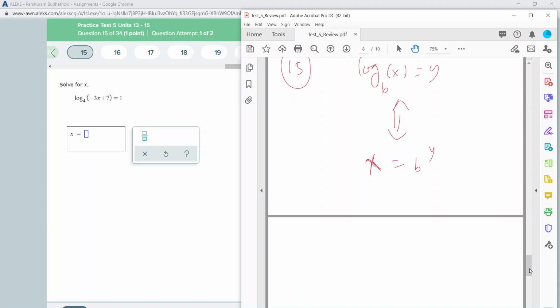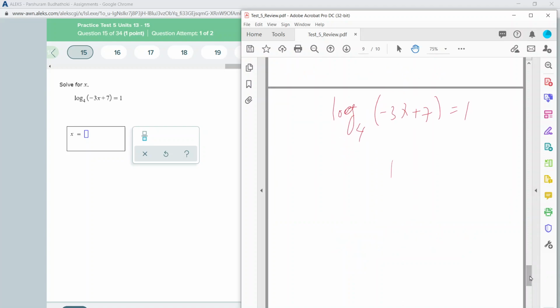So log base 4 of negative 3x plus 7 equal 1 is equivalent to solving negative 3x plus 7 equal 4 to the power 1.